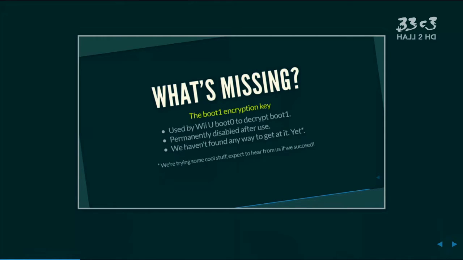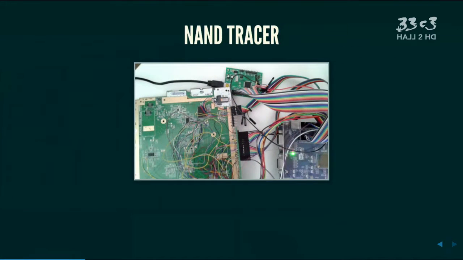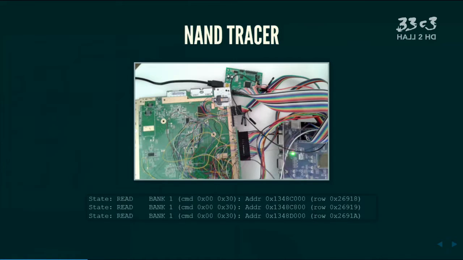The first thing we did was to make a NAND tracer, so we can basically sniff all the traffic between NAND and boot 1 to see what boot 1 reads from flash. And so we get some nice addresses, and we could compare this with the file system on this flash to see what file it is reading.